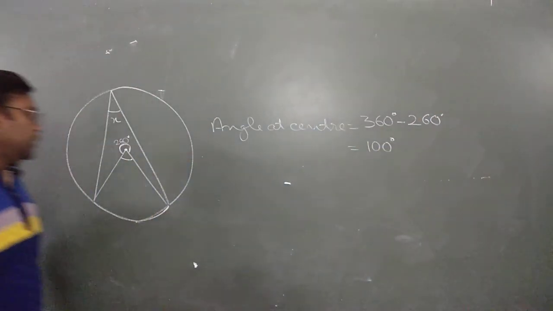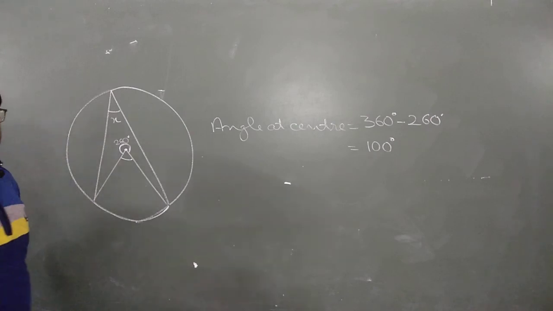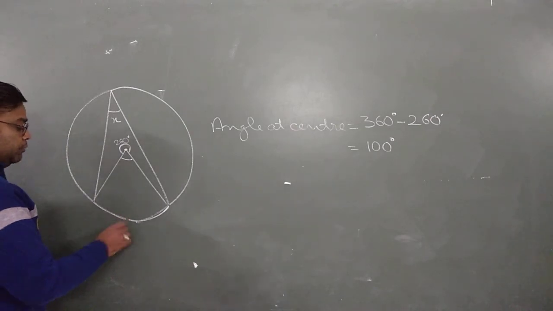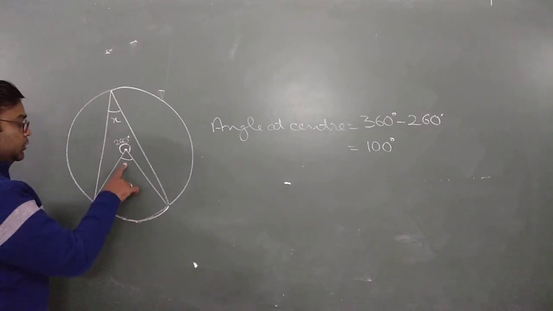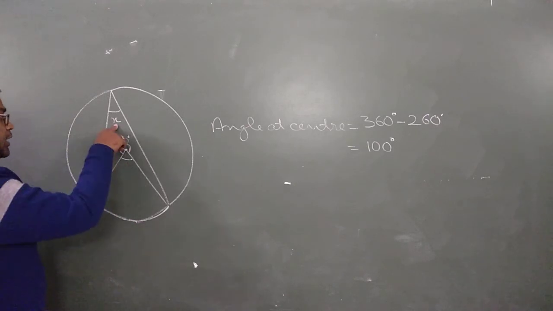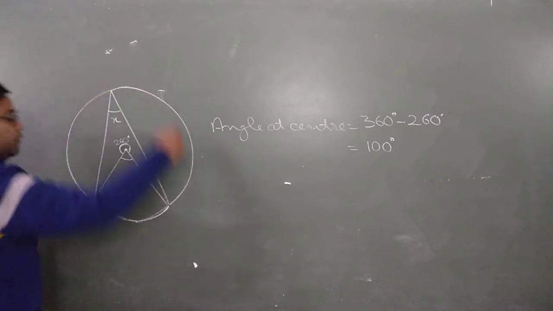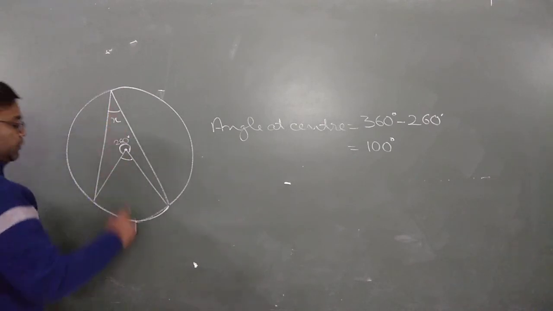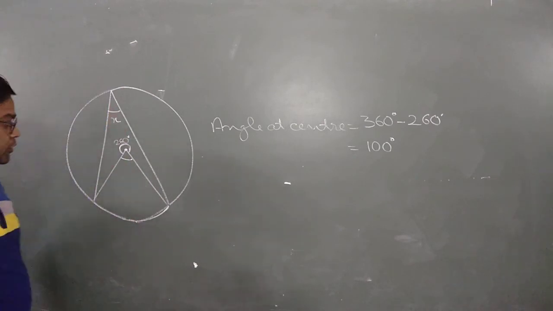Always remember, if we are talking about the angle at the center and the angle at the circumference, the angles must be in the same direction, depending on which arc we are using. If we use this arc, this is the angle, and the circumference must be this side. So be careful about this.